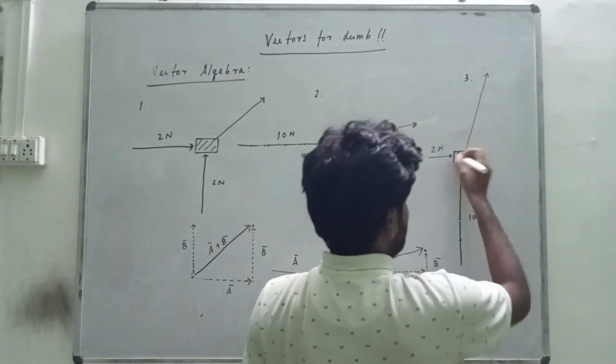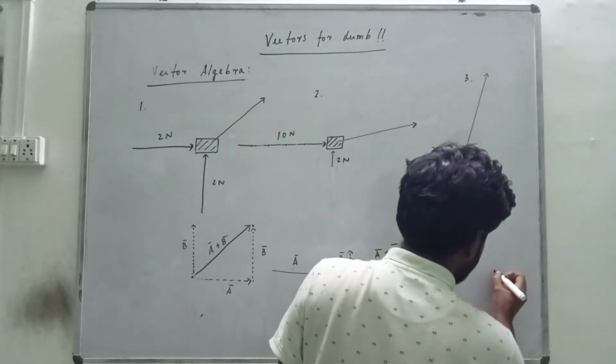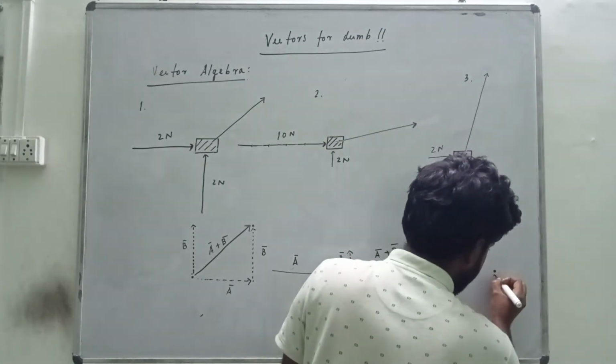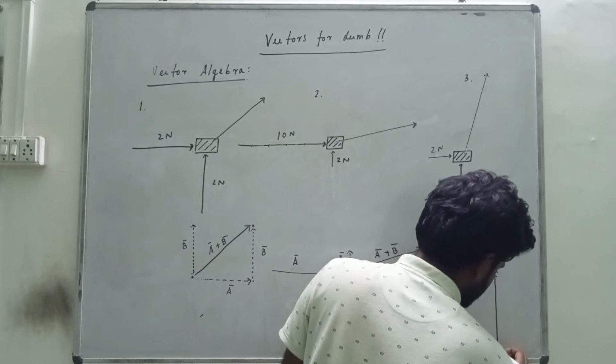Simple. The block is represented by a dot here, and the 10 Newton force is the initial configuration.